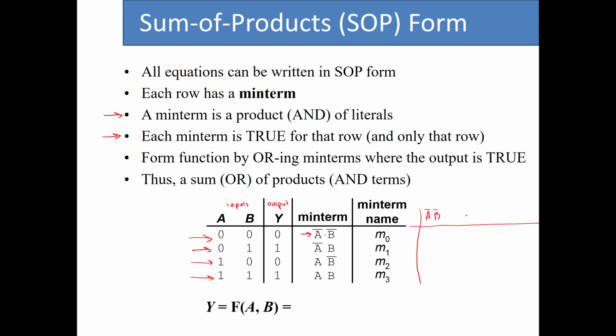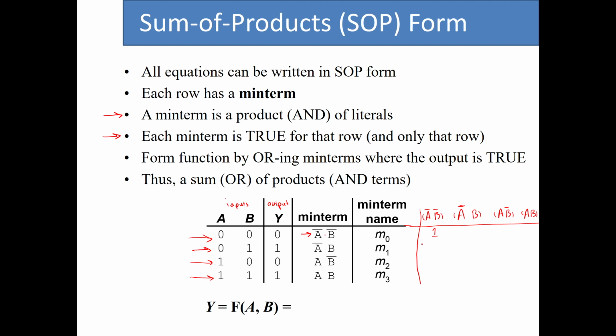So we have A bar B bar, A bar B, A B bar, and then finally A B. Again, consider that each one of these is the AND of these two variables. If I have A to be 0 and B to be 0, then A bar is going to be 1 for the first row. B bar is going to be 1 again, and AND of 1 and 1 is going to be 1.